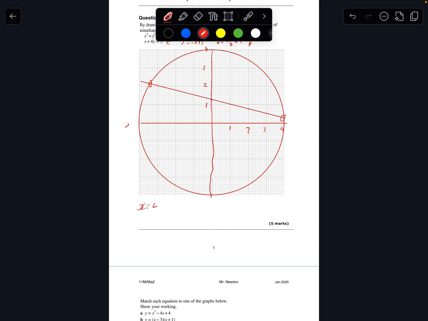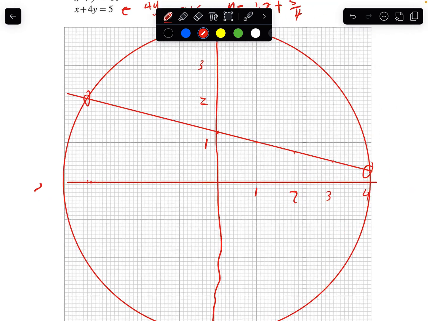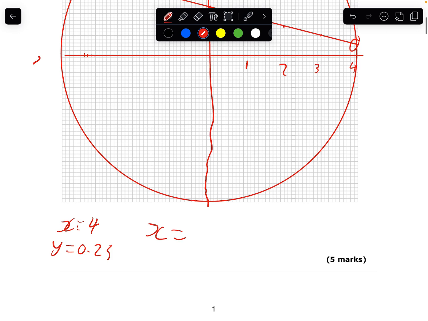When x is 4, y is 0.25, and when x is minus 3.4, it looks like y is minus 2.1. So when x is minus 3.4, y is minus 2.1.